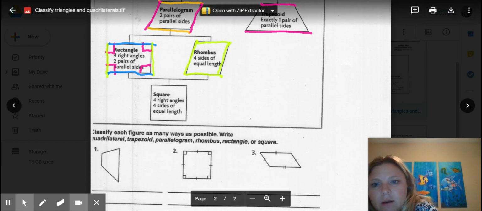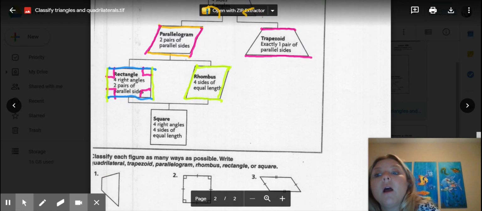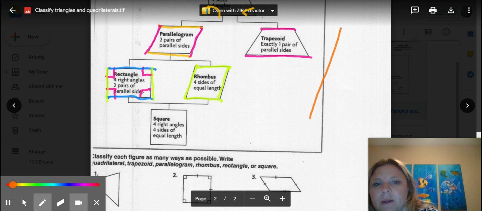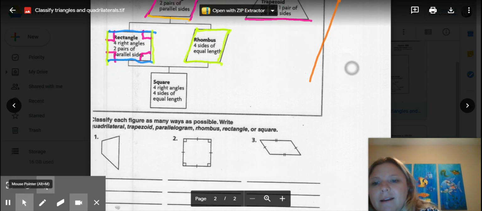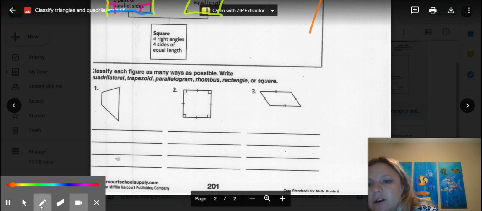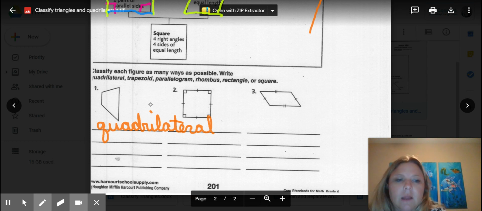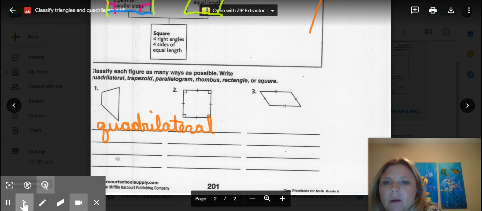Does it have angles? 1, 2, 3, 4. Aha. So yes, this could also be, whoops, trying to move it up. This right here could be a quadrilateral. So I would write quadrilateral here. And I'm kind of going into the other line because of my pen being quite large, but you get the point.